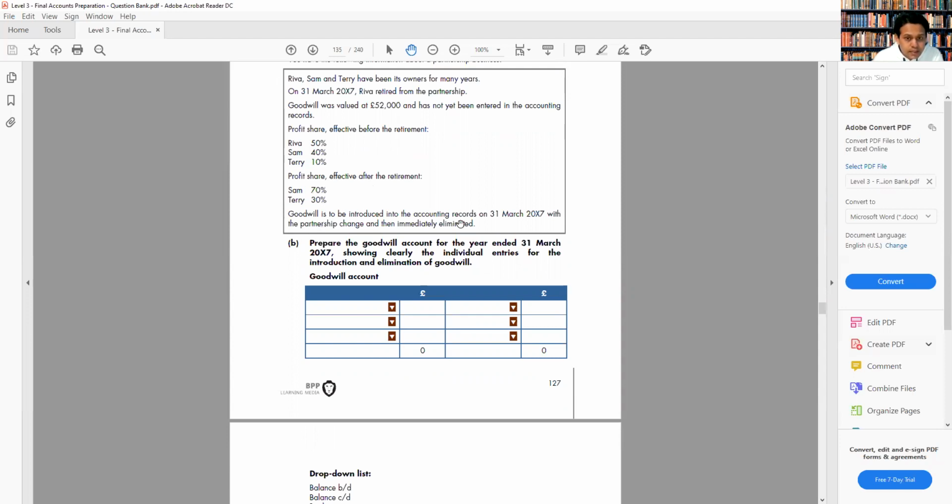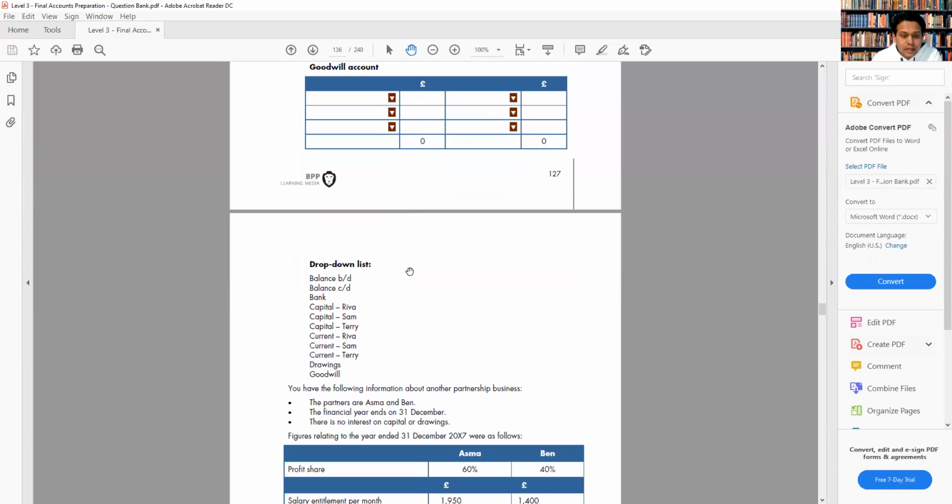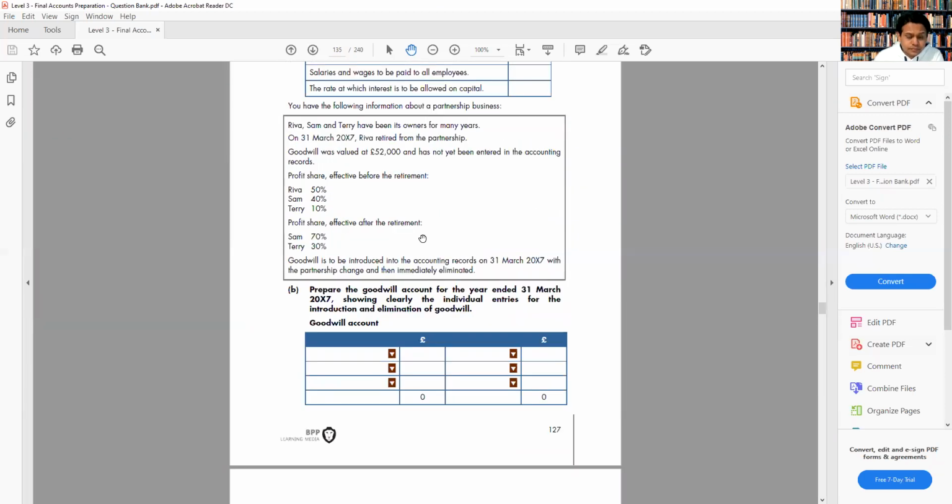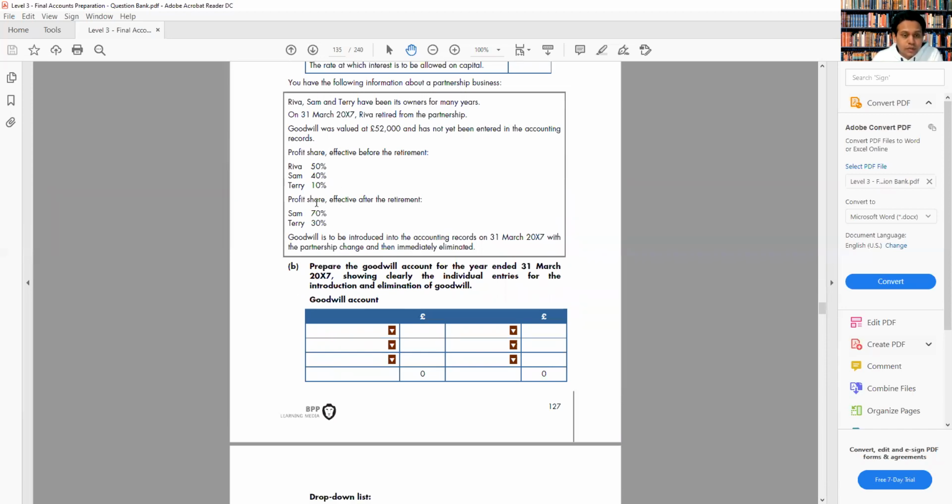Goodwill is to be introduced in the accounting records on 31st of March 2007, and then immediately eliminated. We already know how to do it. Basically, when you record the goodwill, we use the old profit ratio, and when you eliminate the goodwill, we use the new profit ratio.